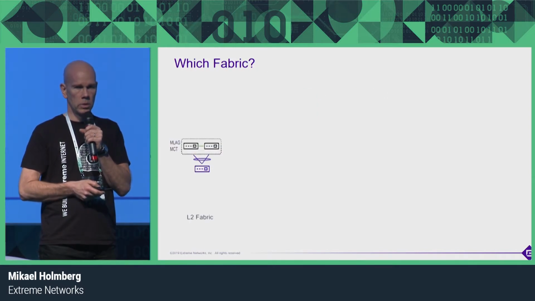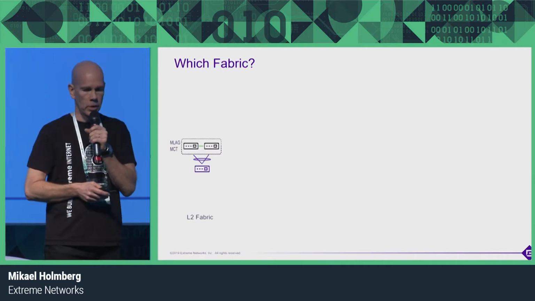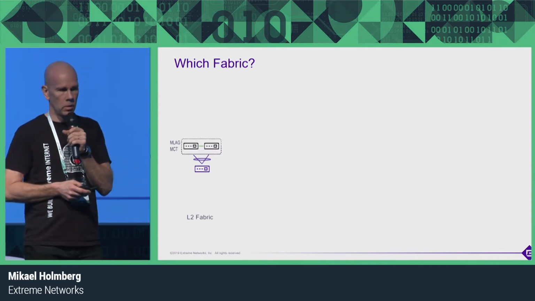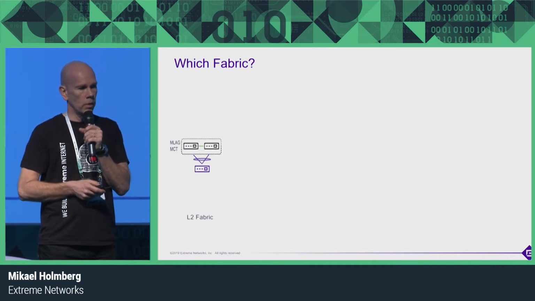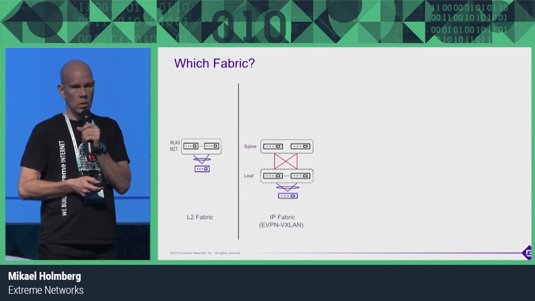So starting to define these. I covered this one on the previous slide: a layer 2 construct, MCT, MLAG, whatever you want to call it, it's a 2-node. You go into the next one, which is starting to build a Clos architecture, spine-leaf, which could scale horizontally.